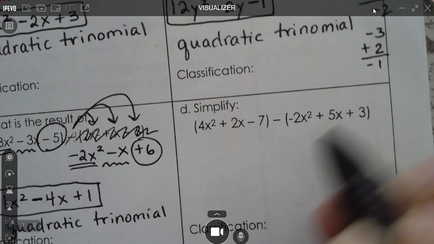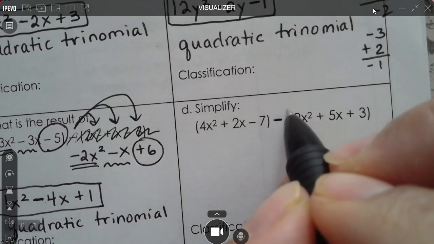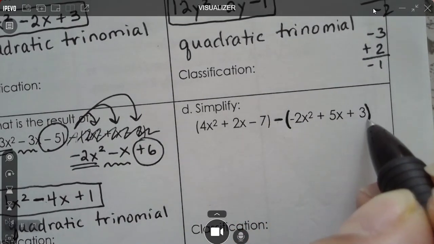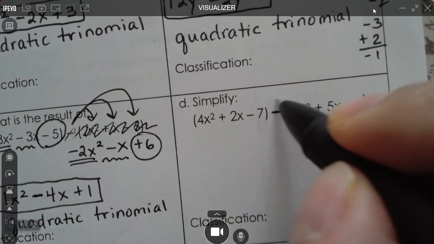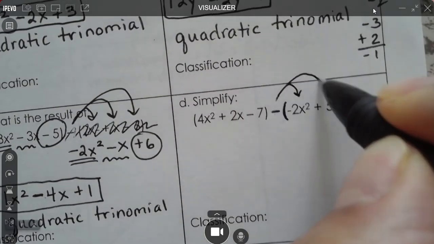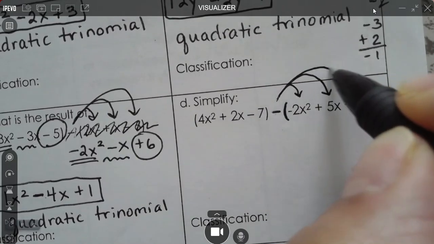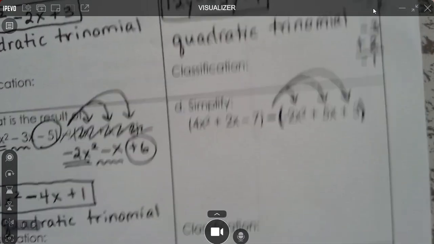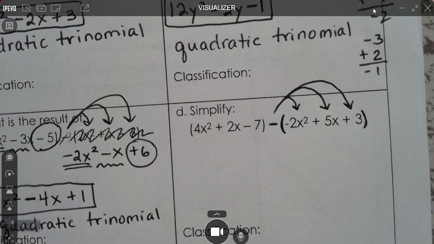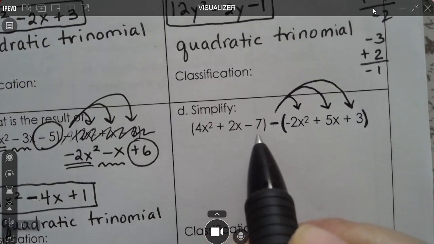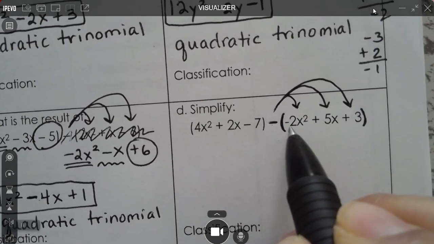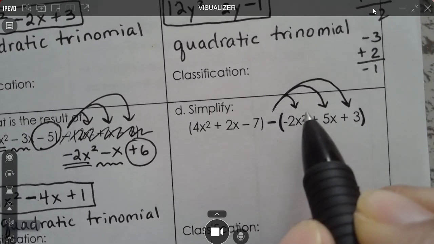Once again, when you have the minus sign, you need to distribute it to everybody in those parentheses. So now when you distribute, it's like you're multiplying by a negative 1. And if you really want to think about it the simple way, everybody changes signs. Positives become negatives, negatives become positives. I'm not going to rewrite the first part, but this one, you see how it used to be negative 2x squared?